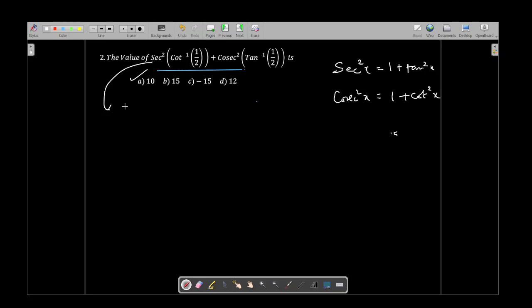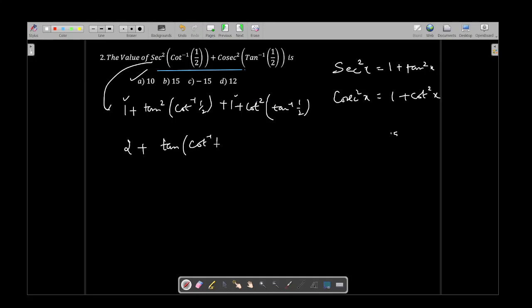So this becomes 1 plus tan square of cot inverse of half plus 1 plus cot square of tan inverse of half. So 1 plus 1, I'll make it 2, plus tan of cot inverse of half whole square plus cot of tan inverse of half whole square.